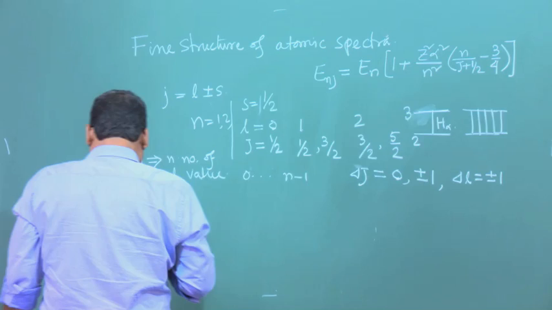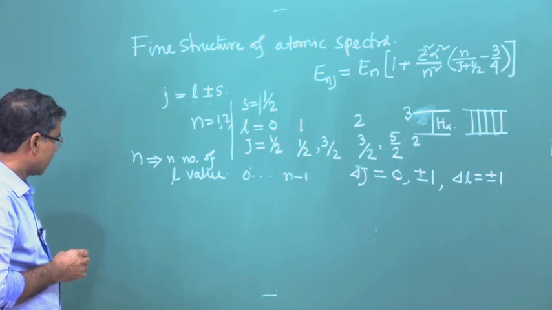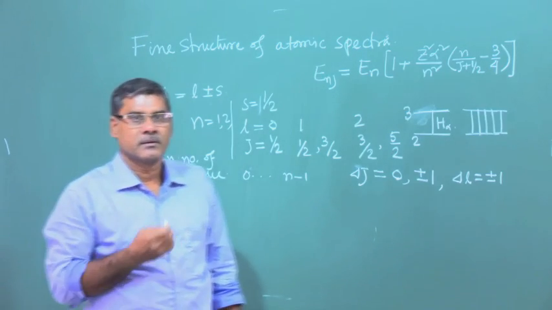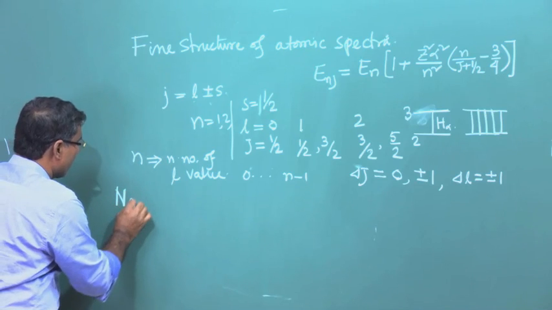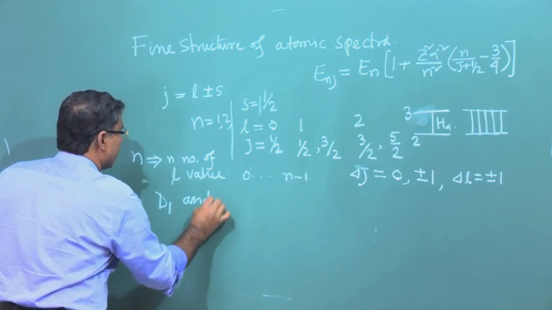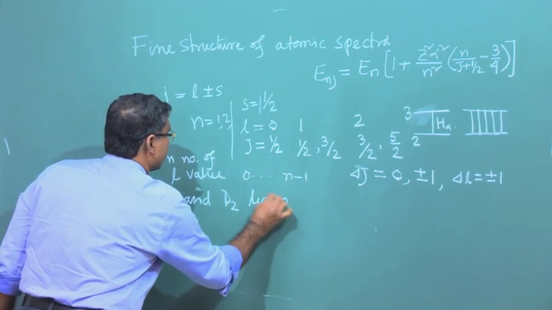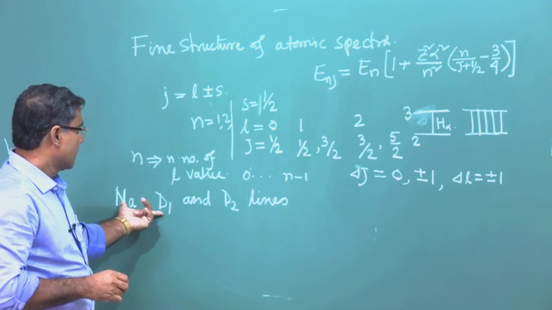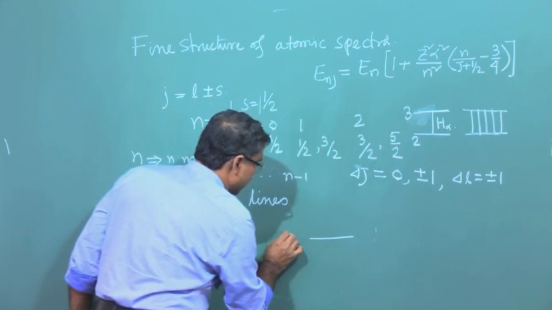And also we have seen the origin of the sodium D1 and D2 lines. For sodium, the outermost electron was in n equal to 3.